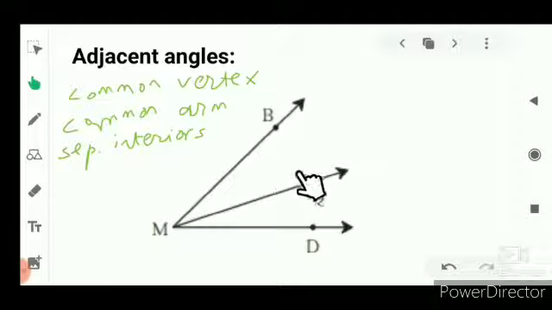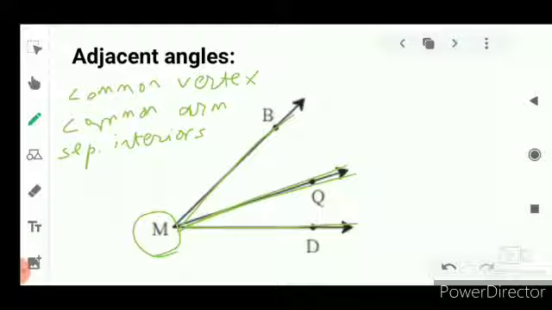You can see here in this figure angle BMQ and angle QMD. In angle BMQ the vertex is M. In angle QMD the vertex is also M, and they have the common arm MQ. They have separate interiors: this is the interior of angle BMQ and this is the interior of angle QMD.